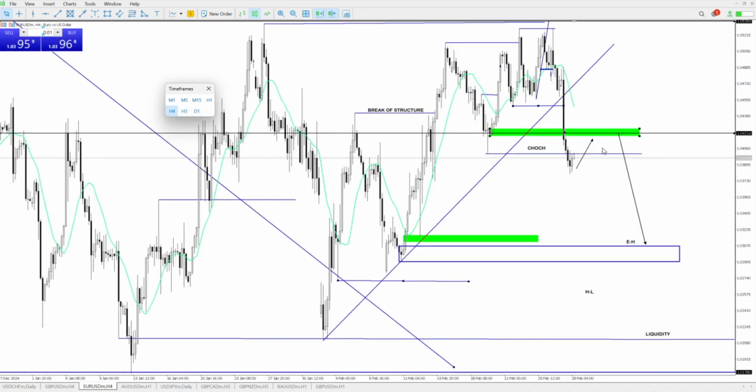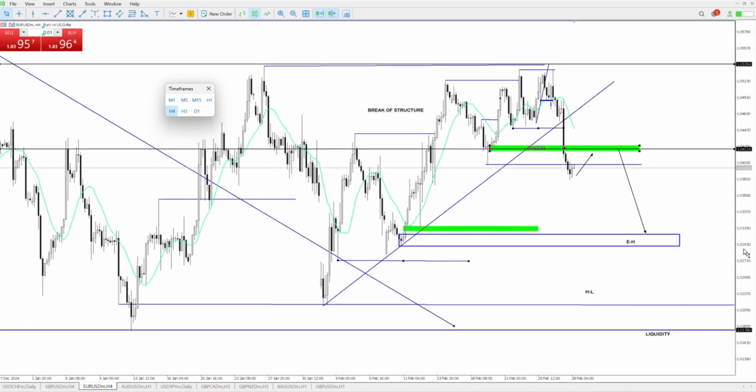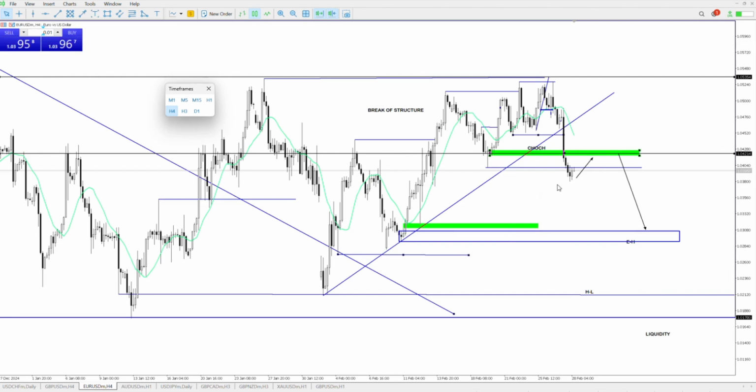So now you can see price is already retracing back up. You wait, probably during the US session, price might get to this point. If not, you wait till next week, and this is what we're looking at for next week on EURUSD. So this is all for this analysis on EURUSD.